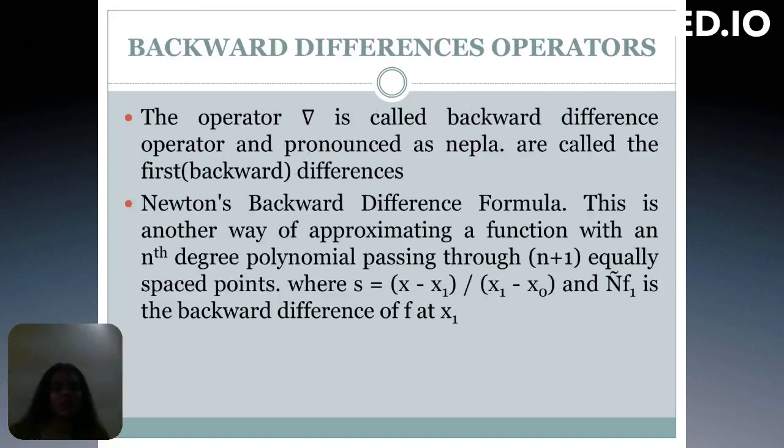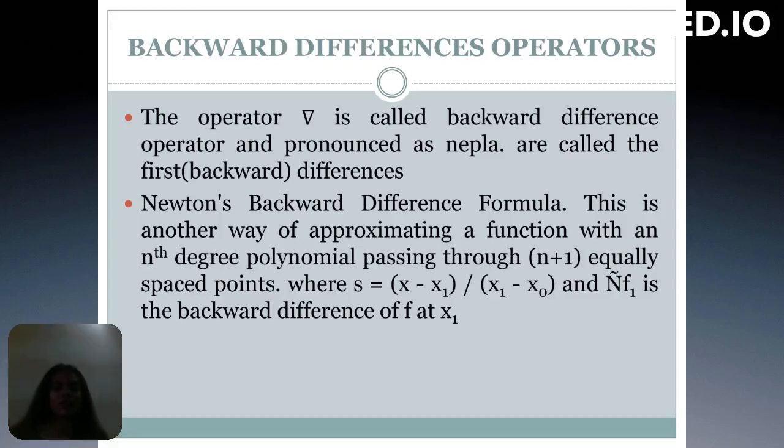So, the next topic is backward difference operators. In backward difference operators, an upside down triangle, which is known as nabla, is the symbol of backward difference operator.